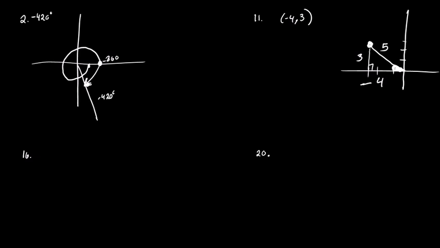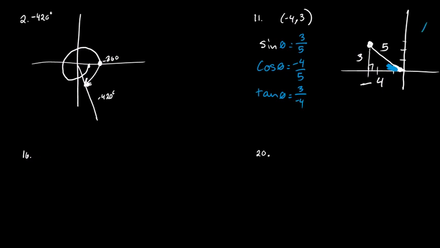So, in order to find the sine of this angle, sine of the blue angle, I need to take sine of theta, side opposite over hypotenuse. The cosine of theta is the side adjacent, negative 4/5, and the tangent of theta is going to be opposite over the adjacent.